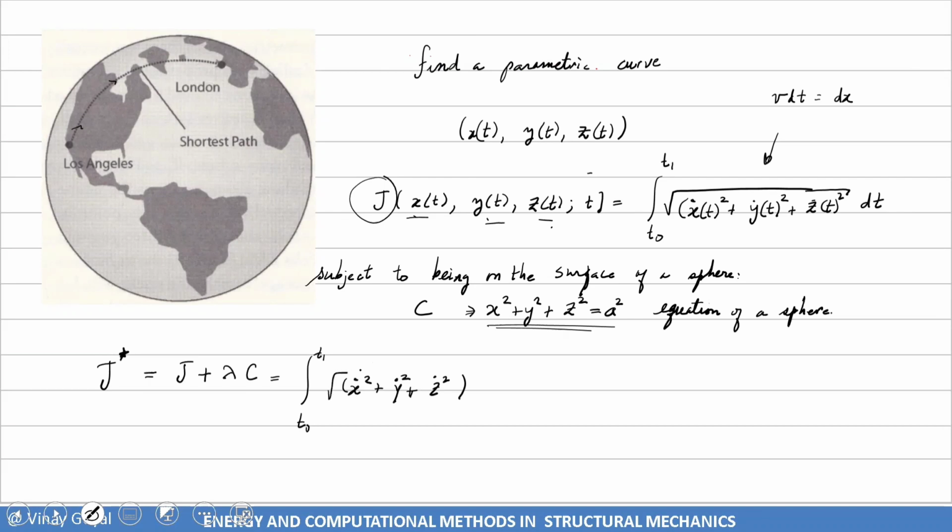And I apologize for that. And so that's what I get so far. And then I'll have plus lambda of t times x squared plus y squared plus z squared minus a squared. So that is my j star now. So that's my new j star.